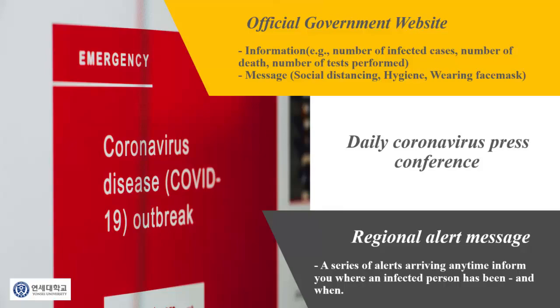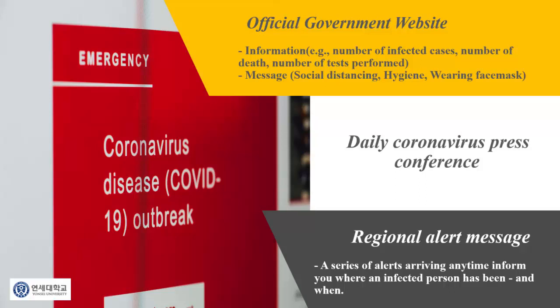After the outbreak of COVID, our government quickly made an official government website. And we also developed the regional alert message. Coronavirus apps, Corona map apps. We developed several online channels.